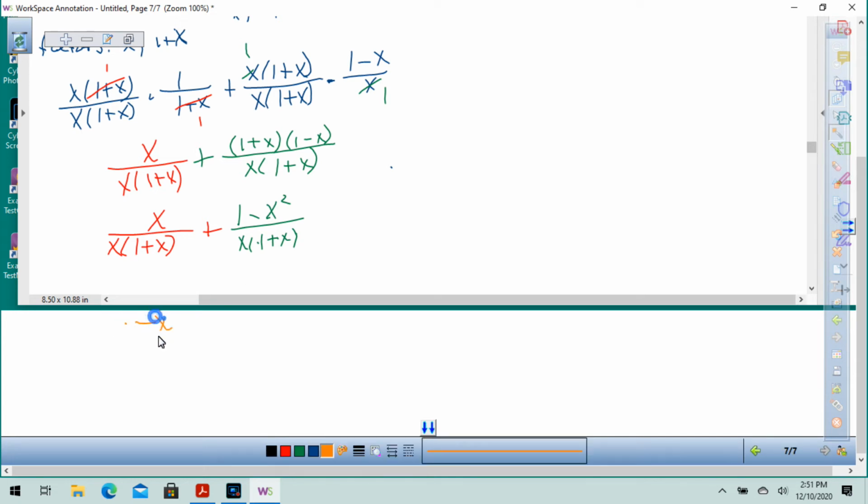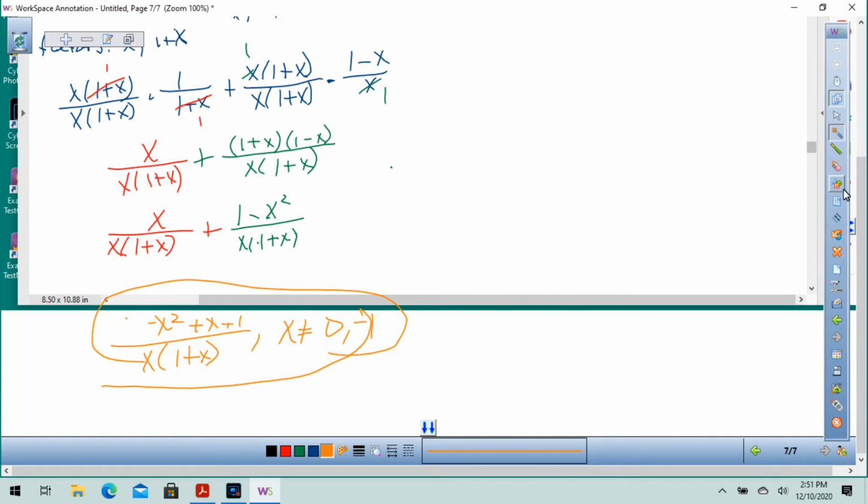That's going to be negative x squared plus x plus 1. And that's going to be over x times (1 plus x). And x cannot equal 0 or negative 1. So there's your answer. Ooh, there's your answer.